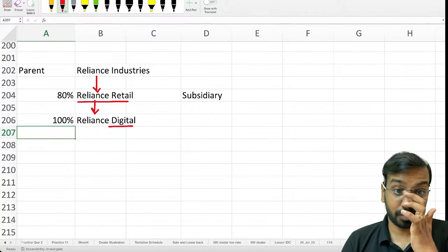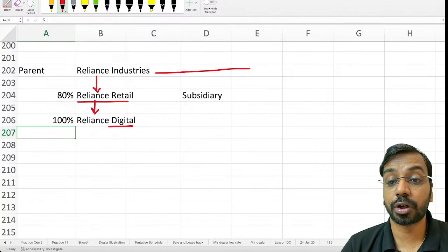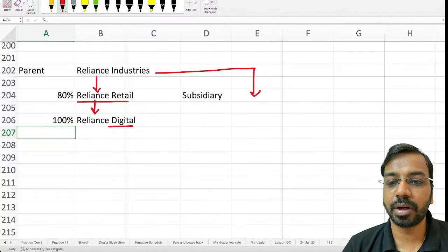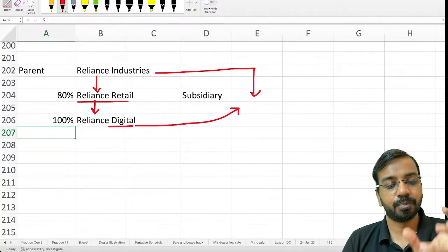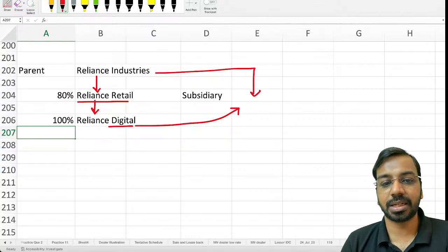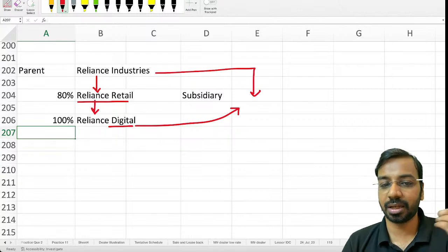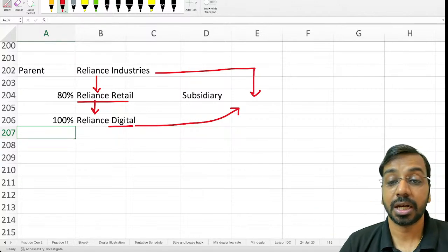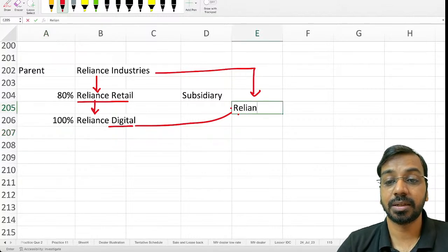Now, in that kind of scenario, Reliance Industries may directly take over Reliance Digital. Meaning to say, the business of Reliance Digital is directly transferred to Reliance Industries. So Reliance Retail has transferred Reliance Digital to Reliance Industries. Now, what has happened? Reliance Industries directly controls Reliance Digital.